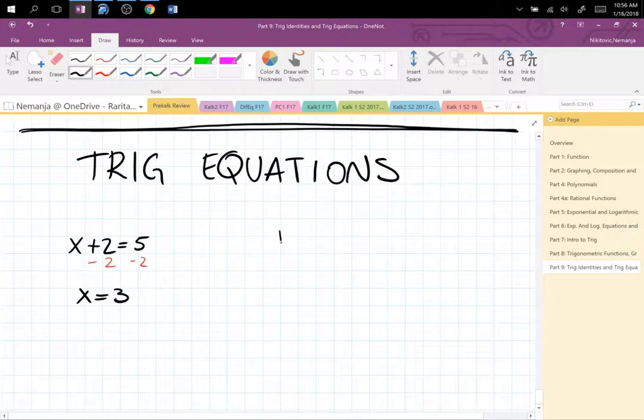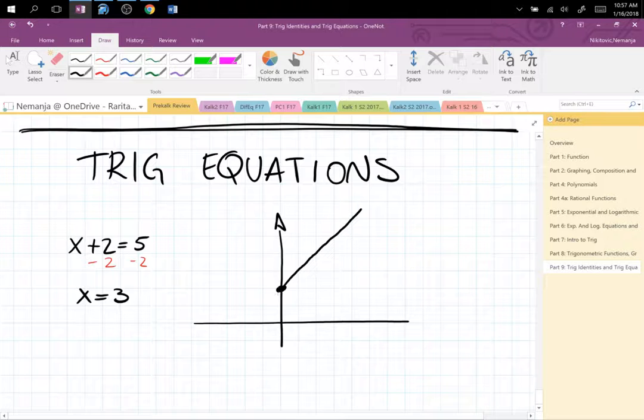Now, the more important part here is its graphical representation. You can solve this equation graphically with the right amount of OCD. So you graph the line on the left side, which is x plus 2. So it has the y-intercept of 2 and the slope 1. And then on the right-hand side, you have 5.